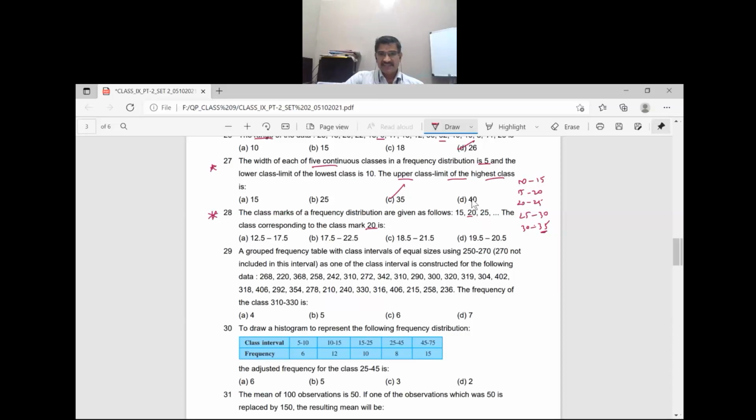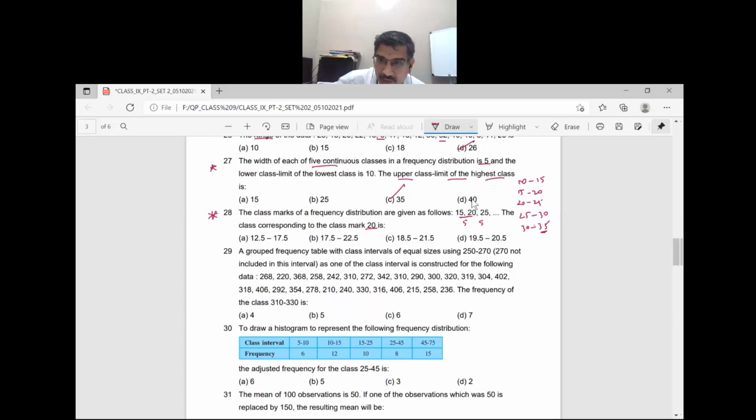The average of this is also 20. The average of this is also 20. So option B, C, D, anyone. But watch the class marks difference. The class marks difference tells the class size also. Here the class size is 5.